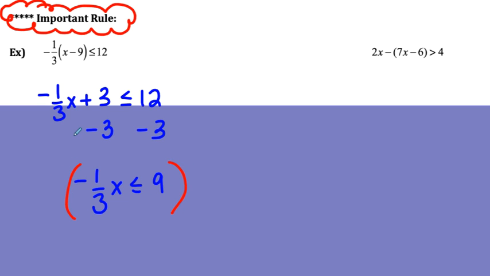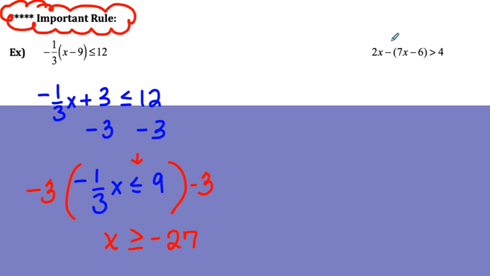So instead of multiplying by 3, I'd be multiplying by a negative 3. As soon as I'm multiplying by a negative, I have to take the opposite sign of the inequality, which means I have to reverse the sign. So that's going to give me x is greater than or equal to negative 27. So anytime you multiply or divide by a negative, you have to reverse the sign.